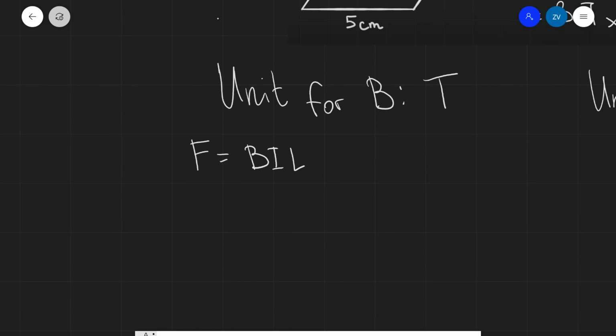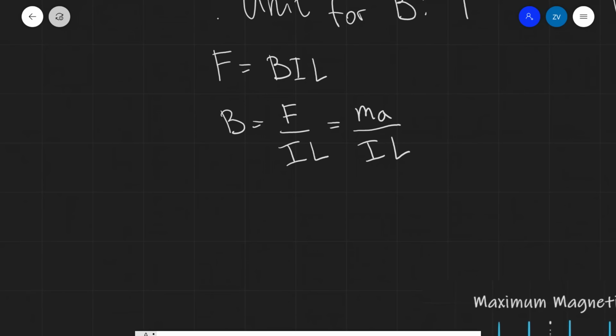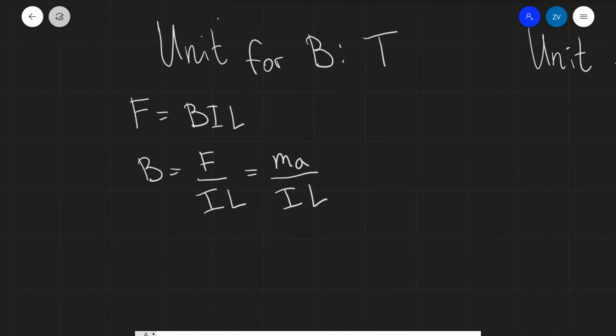Okay, well, first off, let's rearrange for B, so B will be equal to F divided by IL. Now our force is in general equal to mass times acceleration, divided by I times L. Okay, well, let's think about the units of this quantity. Let's draw some arrows from the individual units.